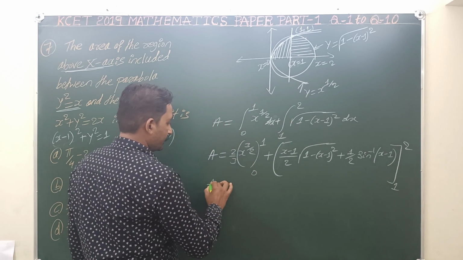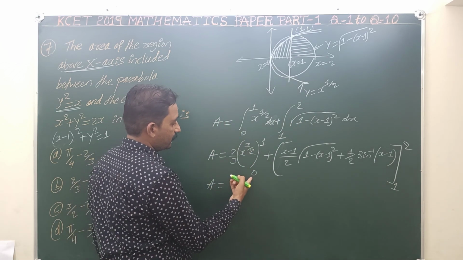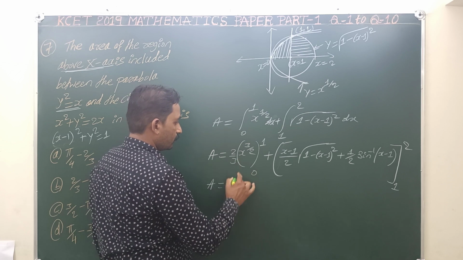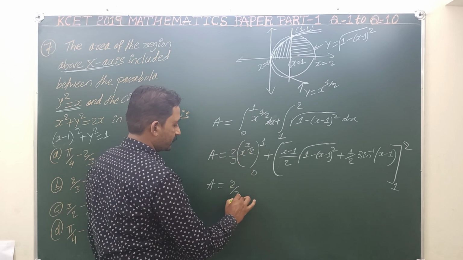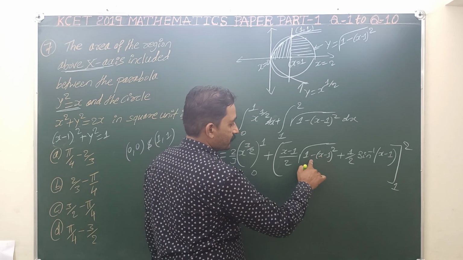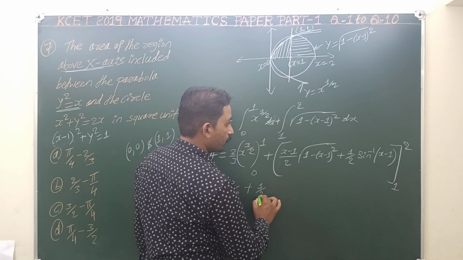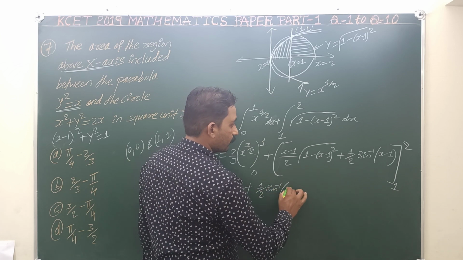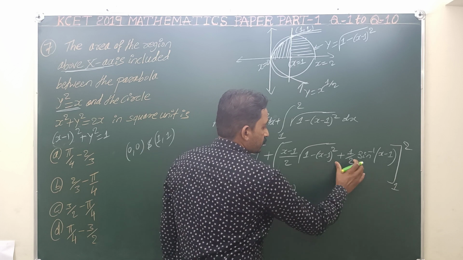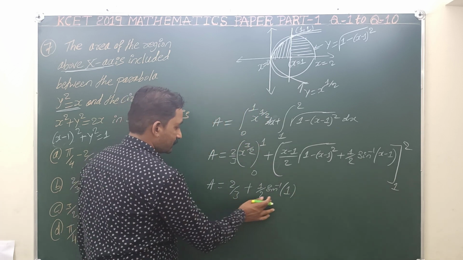Now apply the limits. The lower limit gives 0 for the first part, and the upper limit gives 2 by 3. Applying the upper limit 2 for the second part, 2 minus 1 is 1, 1 minus 1 is 0, so the first part becomes 0 and only 1 by 2 sine inverse of 1 remains. Applying the lower limit, these two terms become 0. So this is the answer.